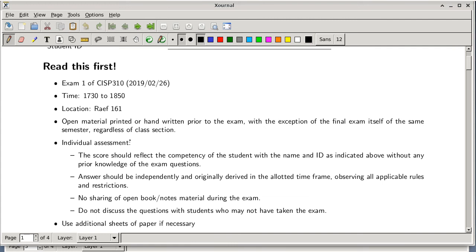You can use my own notes. My class notes are completely usable in an exam as well. If you think, okay, I'll just print out the class notes on binary addition and subtraction, print it out, bring it with you. There's no restriction as long as it is on paper and it is printed or handwritten prior to the exam.